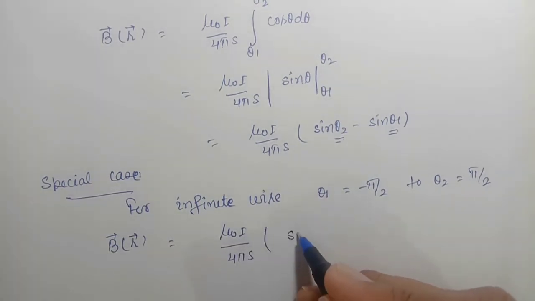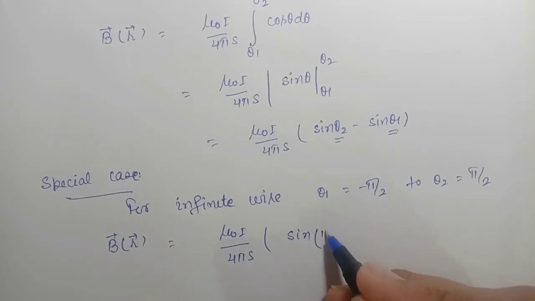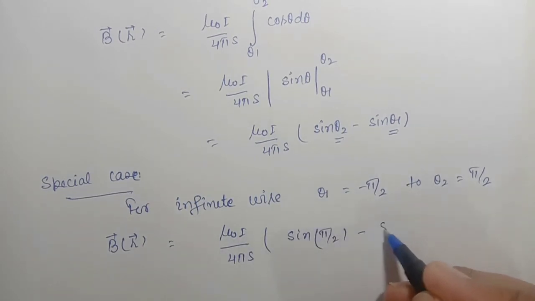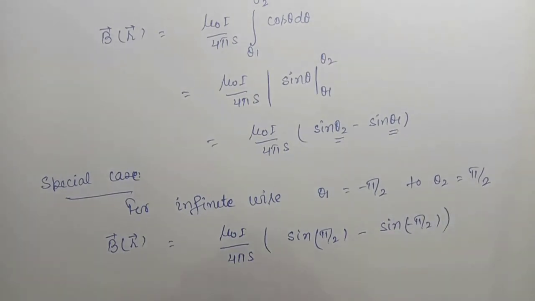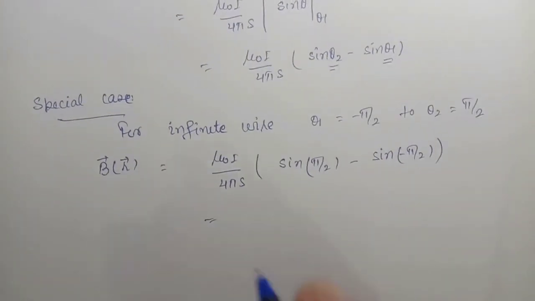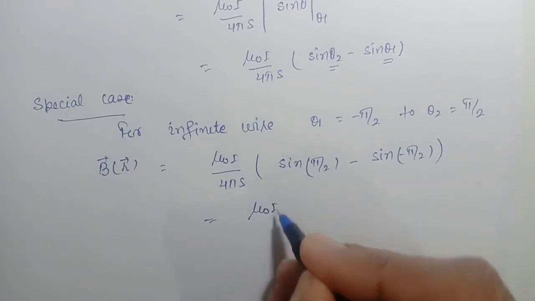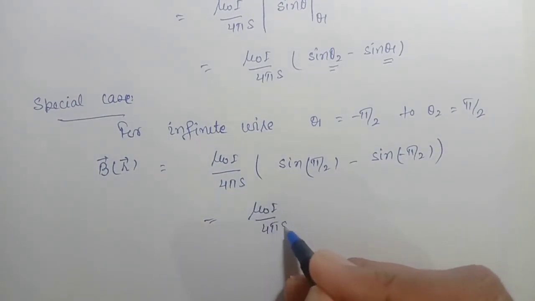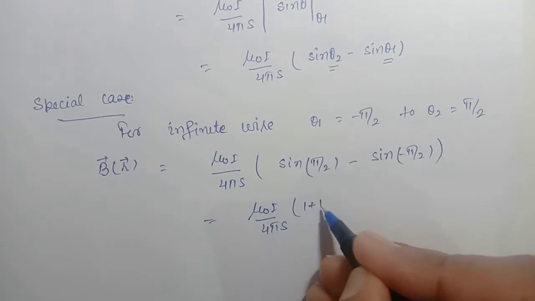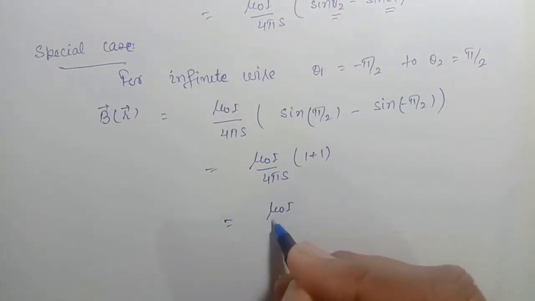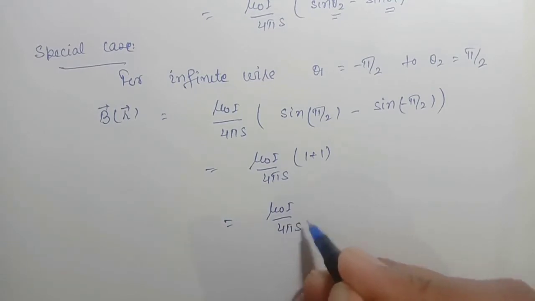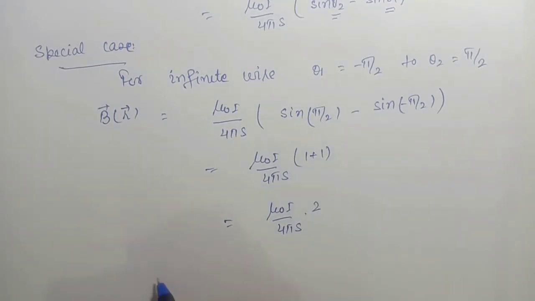Here we have sin pi by 2, and here we have sin minus pi by 2. So this is equals to mu naught I over 4 pi s, this is 1 plus 1, which equals 2. So we can write mu naught I over 4 pi s into 2, or finally, mu naught I over 2 pi s.